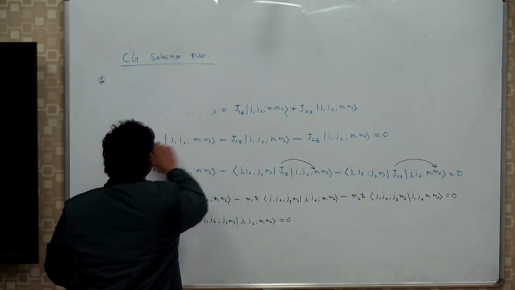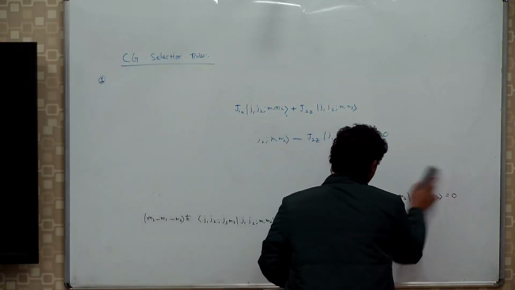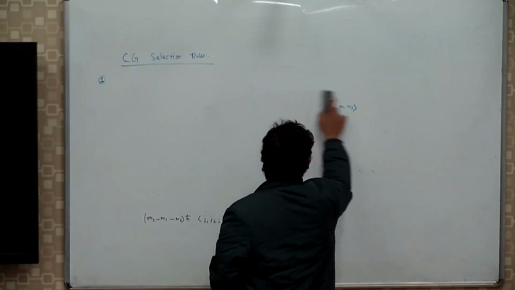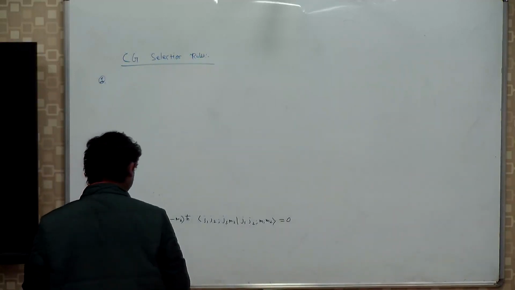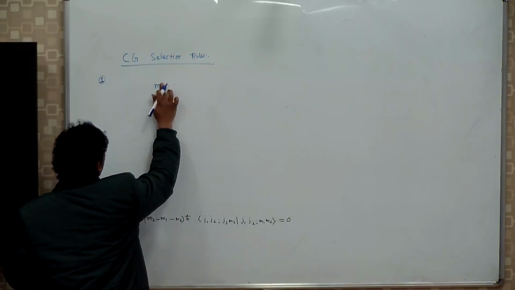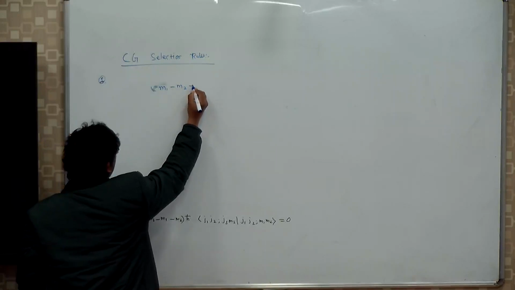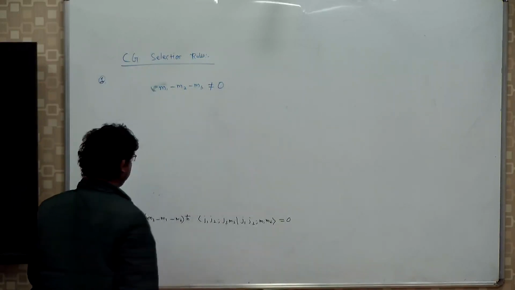If you look carefully at this expression, m3 minus m1 minus m2 cannot be 0?